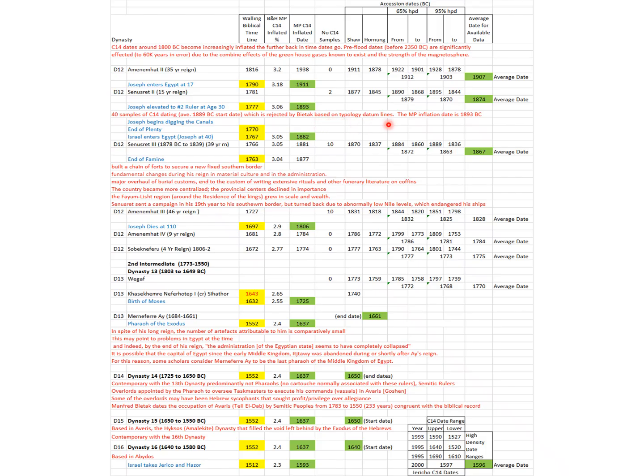We've been through this. It was about 120 years off the inflated, so the MP inflated date was about 1893, very close. Now we're starting to get some very close dating here, and of course, that's one of our control dates, so that's why that is so close.